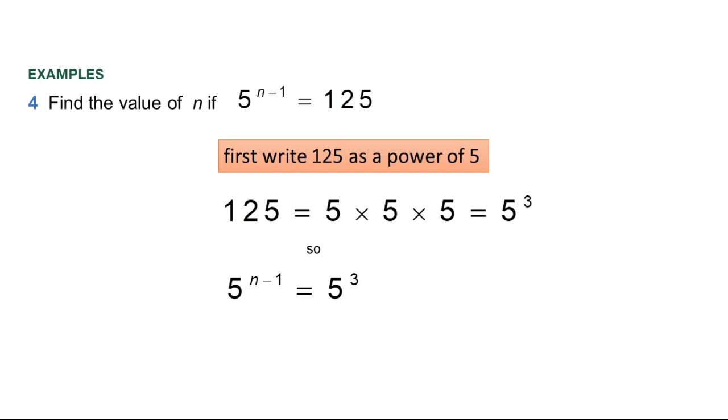Since we have a single base on the left and a single base on the right, then I can equate the indices. So it will become n minus 1 is equal to 3. Therefore, I can add 1 to both sides. If I add 1 to both sides, n will be equal to 4.